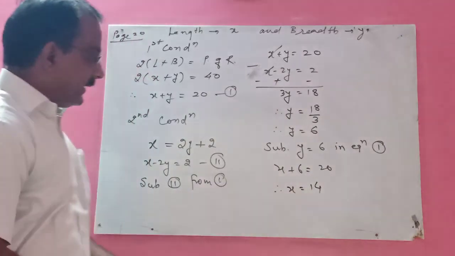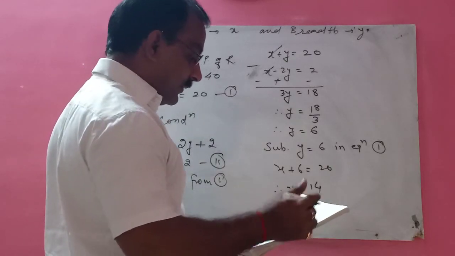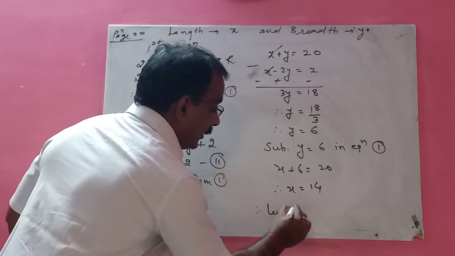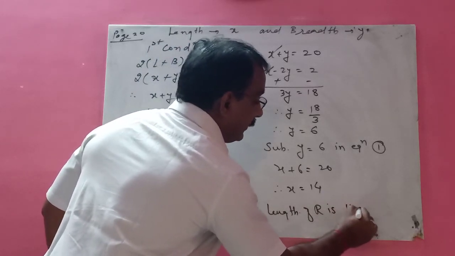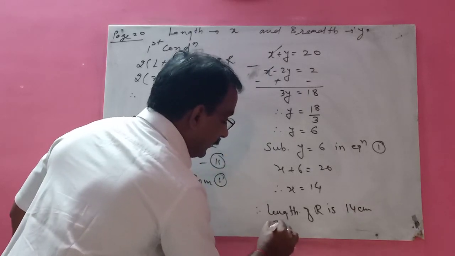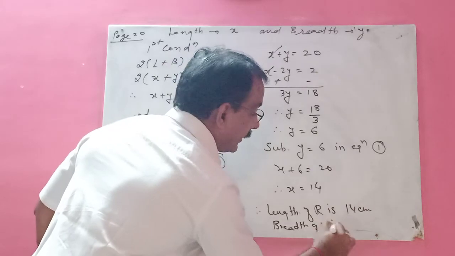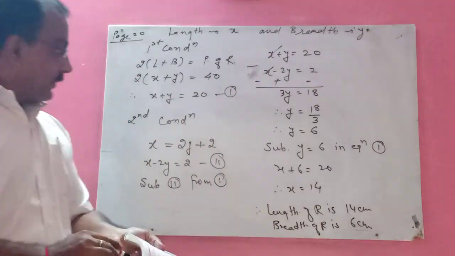So you got the correct answer. Write the final answer: therefore the length of the rectangle is 14 centimeters and the breadth of the rectangle is 6 centimeters.